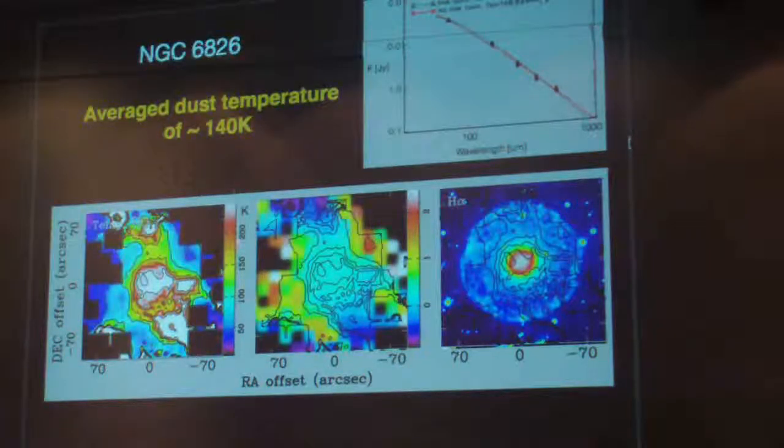Those correspond to very high temperatures, dust with a temperature higher than 250 K. All we know is it's higher than 250 because we cannot constrain it as it peaks at much shorter wavelengths. But we know it's there and we know it's much warmer.